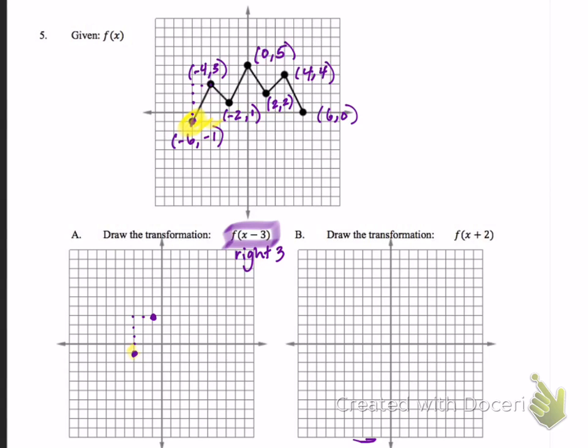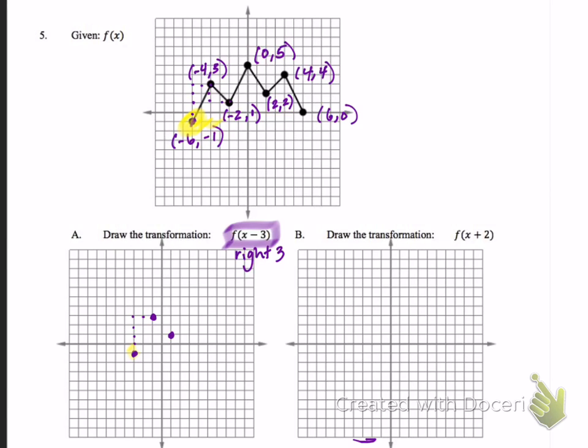Because the picture looks exactly the same, it's just going to the right 3 points. And you can do it however you prefer, but for me, I just think up 4 over 2. Then down 2, right 2.